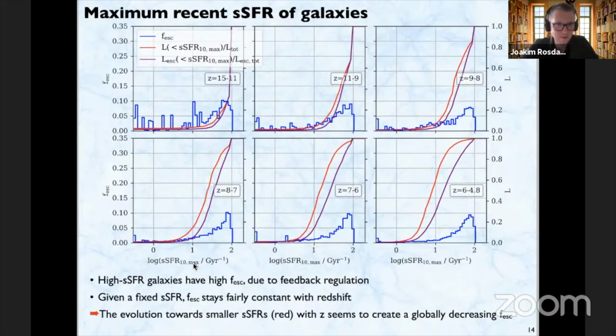If you only take galaxies that currently have high specific star formation rates, you don't get the same very nice trend. That's because galaxies that have recently had very high specific star formation rates tend to blow up. They go to very low specific star formation rates but high escape fractions, and they can remain luminous for a few million years, maybe 20 million years. So it's important to look at recent high specific star formation rates rather than current ones.